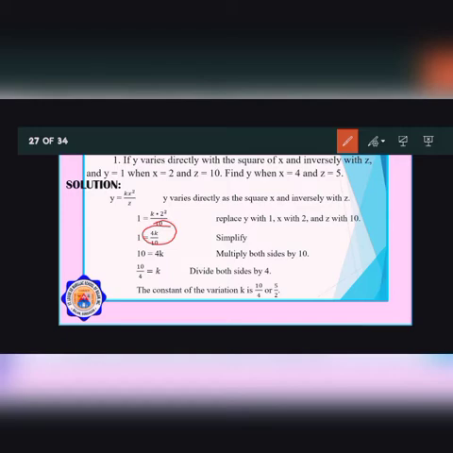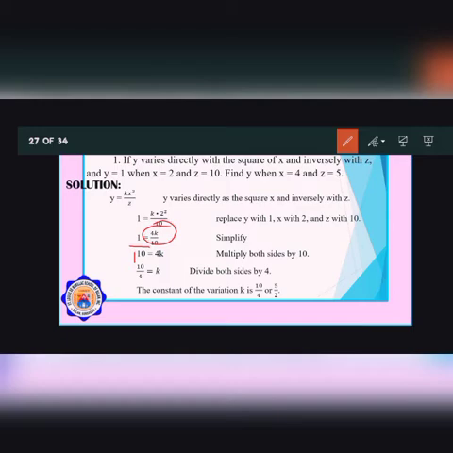Then, to get the value of k, para alisin ang denominator dito sa 4k over 10, para makuha natin ang value ng k, imumultiply natin ang 1 is equal to 4k divided by 10 sa 10, because the LCD is 10. Kasi pag linagyan din natin ng denominator itong 1, magiging 1 over 1. So, ang LCD ng 1 and 10 is 10.